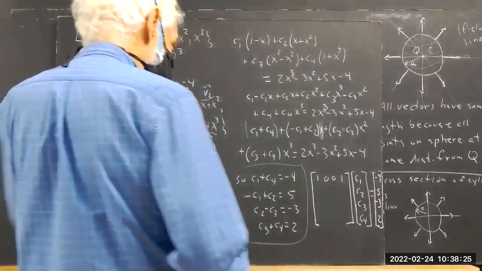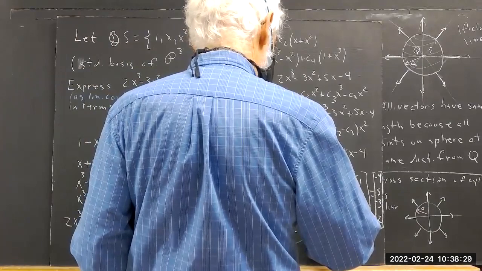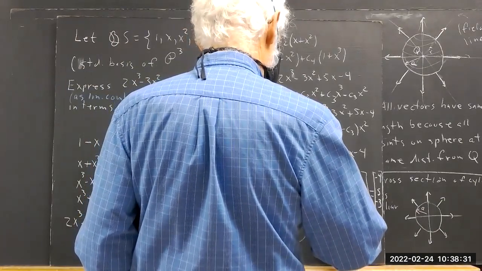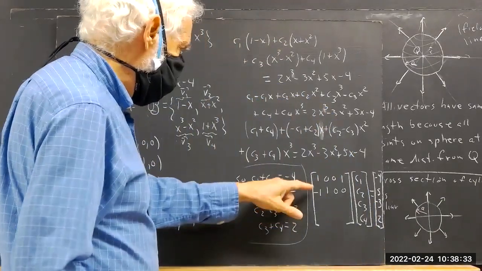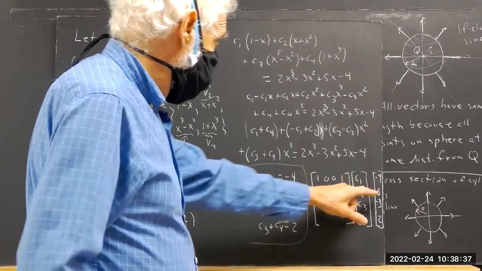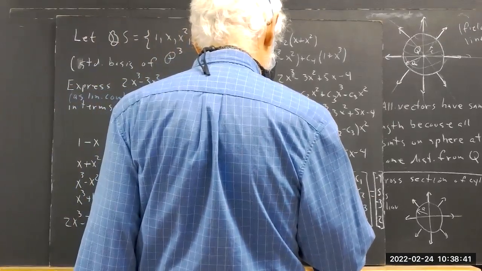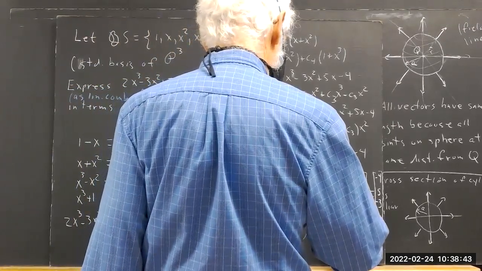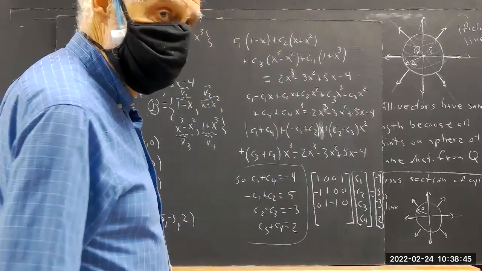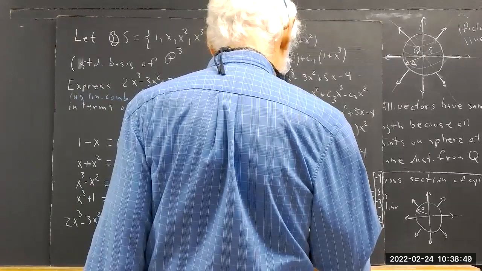If that's clear, let's make sure. Then we have a -1, 1, 0, 0 to give us just a negative C1 plus C2, which has to equal 5. And then we have C2 minus C3, which is going to give us this row vector. And then C3 plus C4.